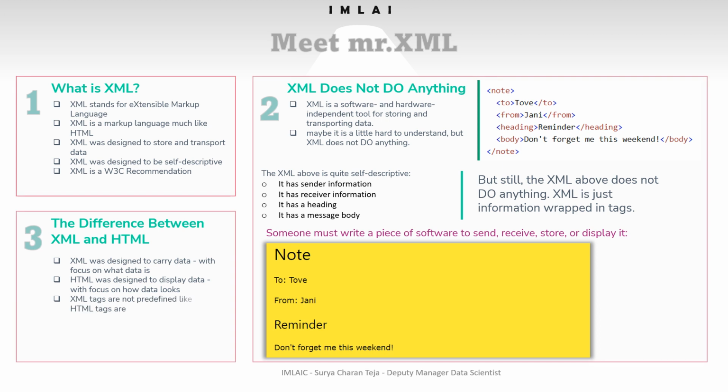XML tags are not predefined like HTML tags are. This is a very important differentiation between XML and HTML from a script-writing perspective. For a developer, the very important differentiation is that XML tags are not predefined like HTML tags are.